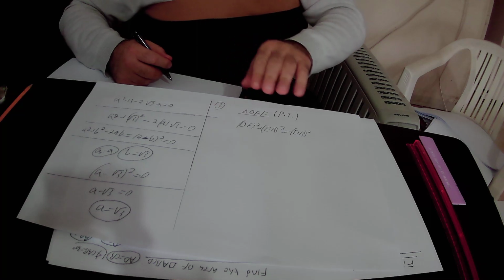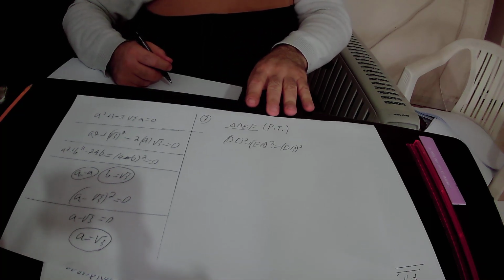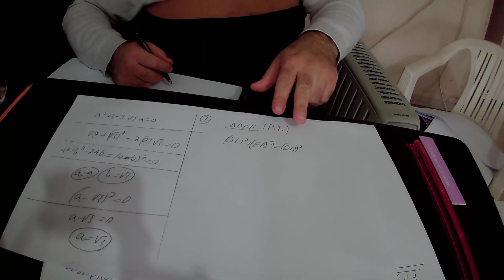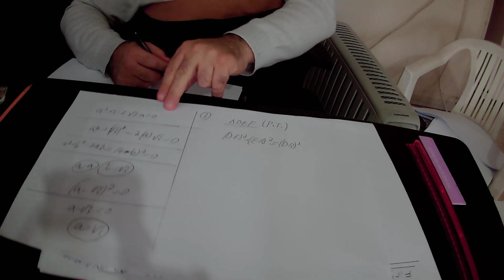In the right triangle, triangle DEF, according to the Pythagoras theorem, DE square plus EB square equals DB square.